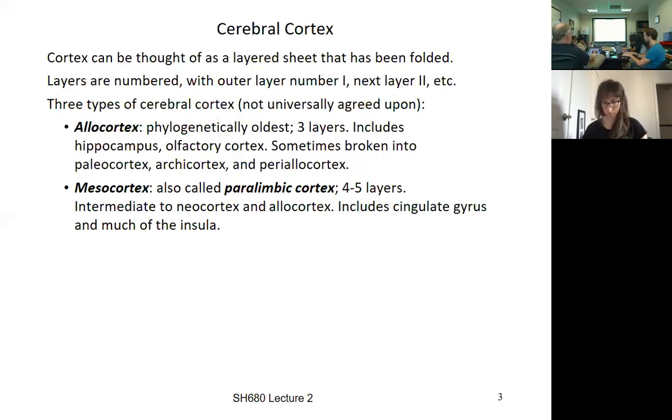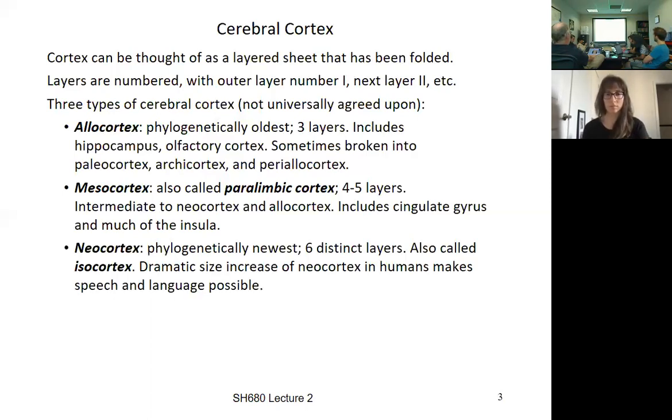And so mesocortex, we'll talk a bit about, because 2 structures in that, I'm going to call it paralimbic cortex in this class, 2 key structures are involved in speech. One of them is the cingulate gyrus, or sometimes called the cingulate cortex, and also the insula. A lot of the insula is paralimbic cortex as well, especially posterior parts, whereas the anterior insula is actually the part that's used in speech. Okay, finally we have neocortex.